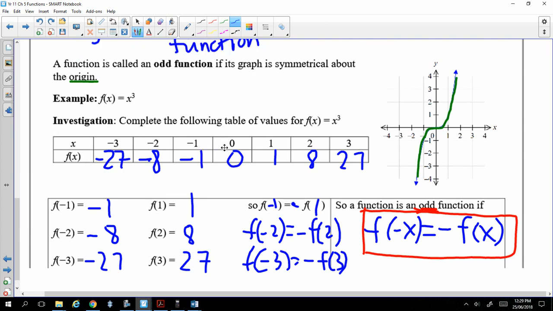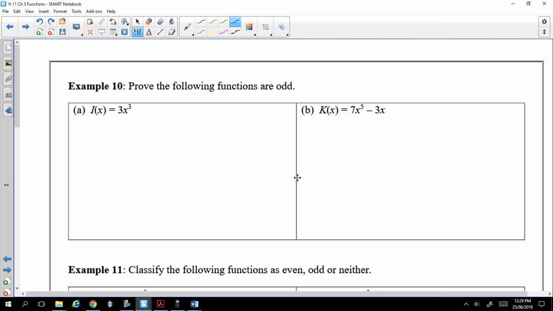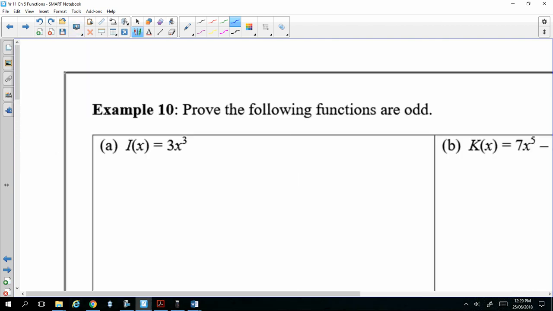Okay, all ready? All right, one more page. That's it. Prove the following functions are odd. Let's see what we do. So we substitute -x in. 3 times (-x) cubed. When you cube a negative number, you get a negative. So you end up getting 3 times -x cubed.